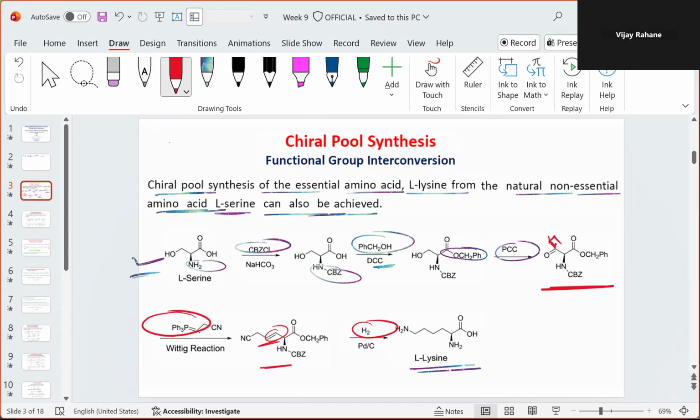In the Wittig reaction, the aldehyde functional group is converted to the corresponding double bond and CH2-C≡N group. When you do the H2, Pd/C reduction, the double bond gets reduced.